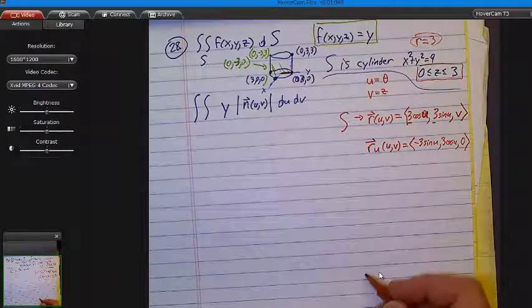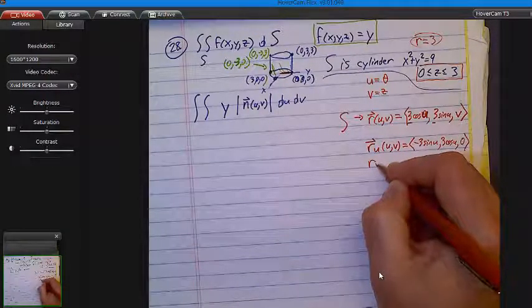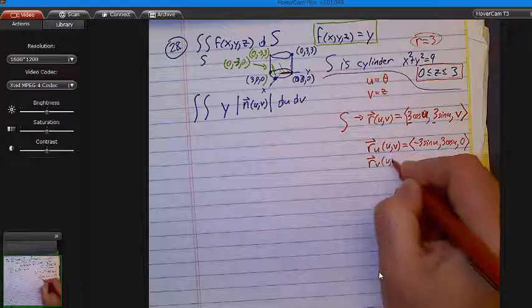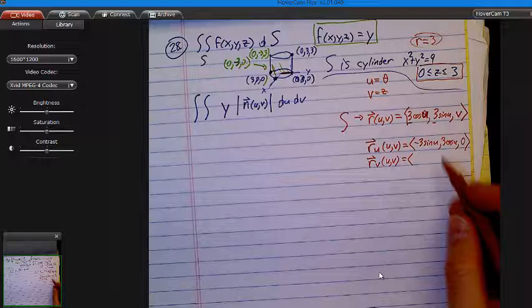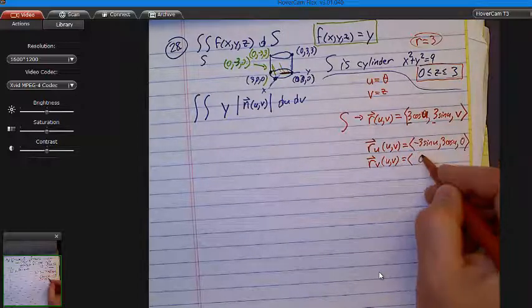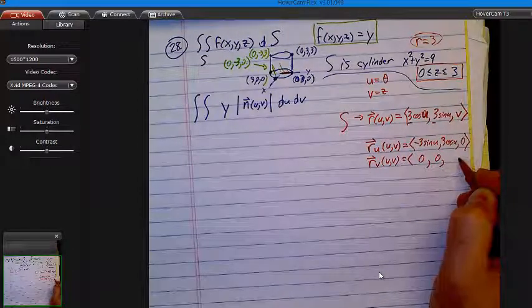And r_v of (u, v) is equal to, treating these as constants, 0, 0, and then 1, right?